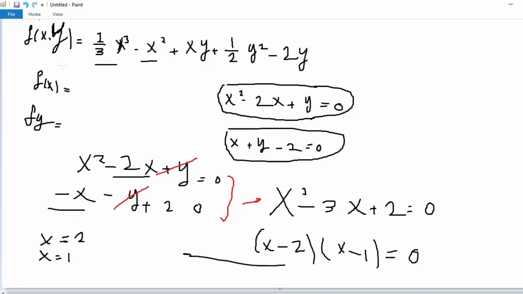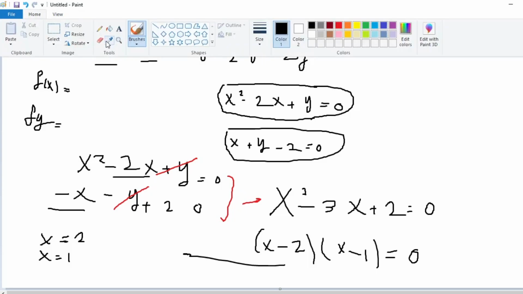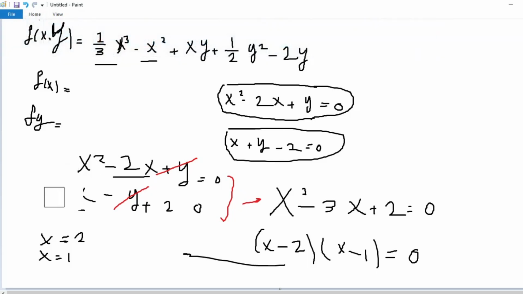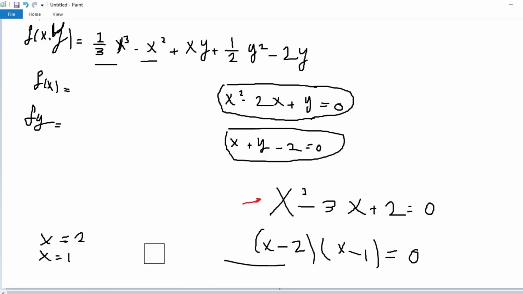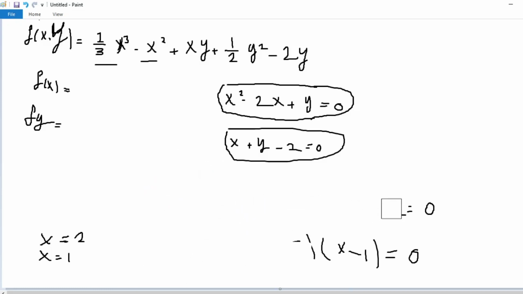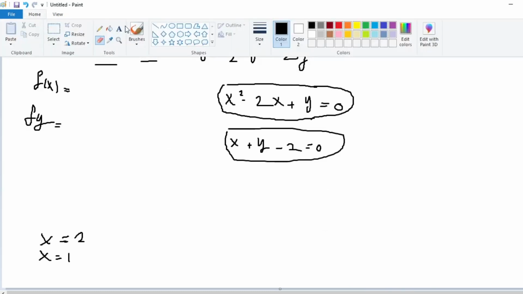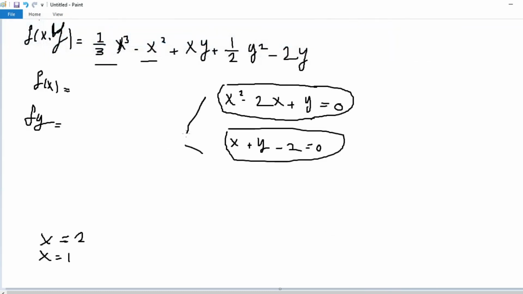Okay, so here we found the x values. What about the y values? To find the y values, you have two ways. You can choose one of the two equations right here, substitute the x, and find its y value.